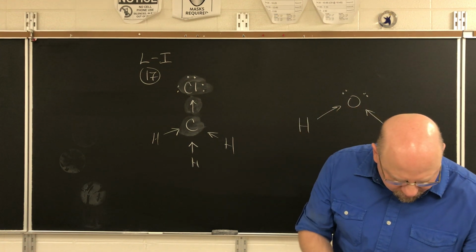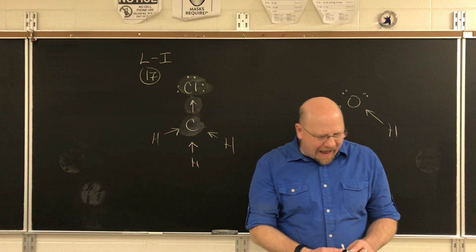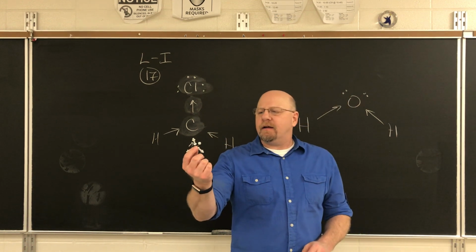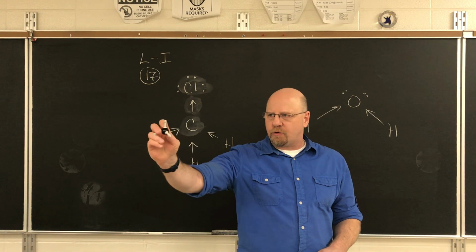So, I'm going to start off by telling you to use one of the black atoms and put 4 sticks in it. The sticks I want you to use are the shorter ones that are thick.